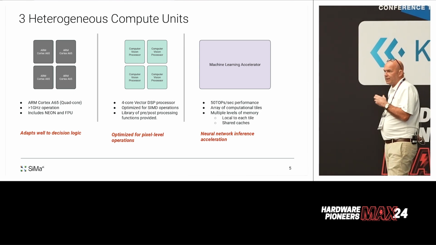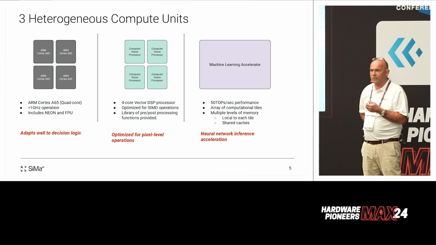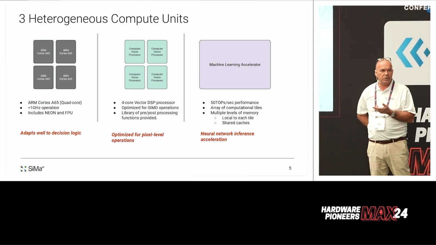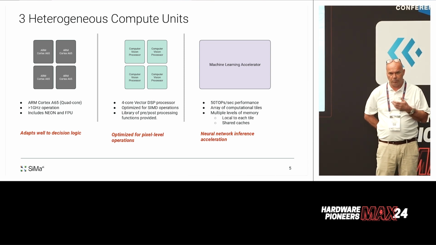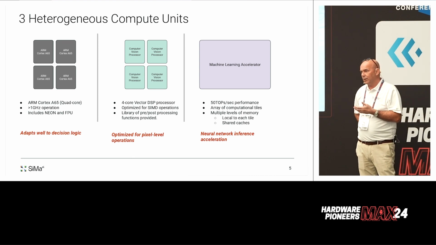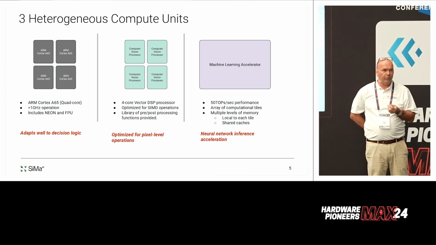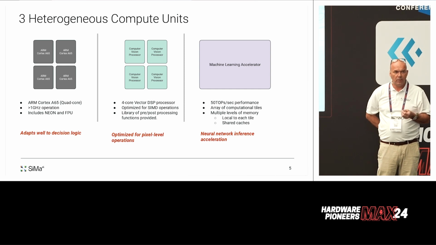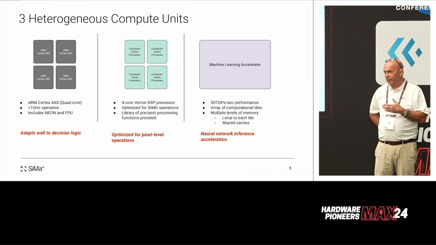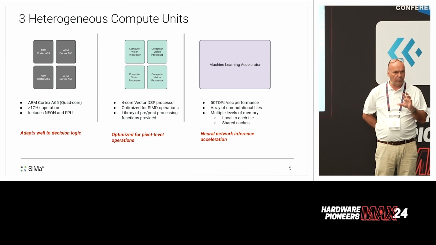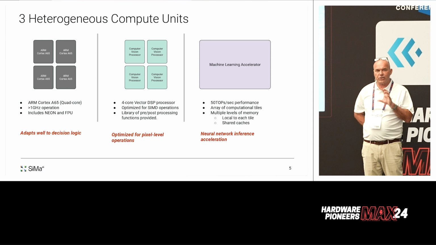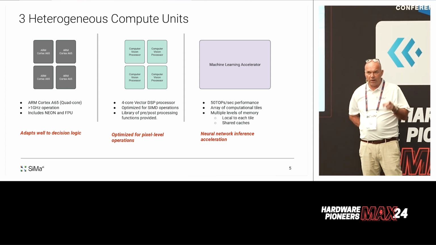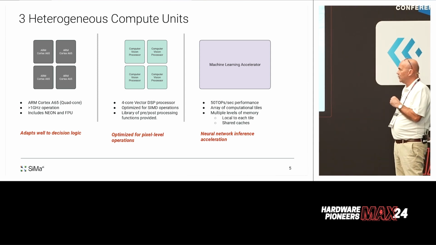It basically follows the same pattern as a lot of these devices, a lot of these blocks. It's an array of tiles of computational multiply accumulates, but with multiple levels of memory: small local memory for each multiply accumulate block, a larger secondary level of caching for groups of those blocks, and then finally some level 3 caching for the entire machine learning accelerator.